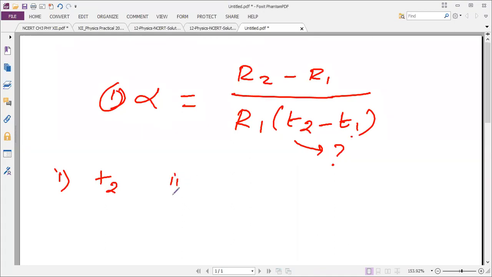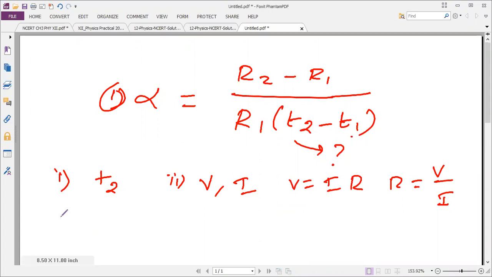Second sum, where they didn't give the R value directly. They gave V and I in the problem. We use Ohm's law. V is equal to IR, then R is equal to V by I. So that is the second method. Third one is resistivity. Resistance values R1 and R2 and L1, L2 are also equal.